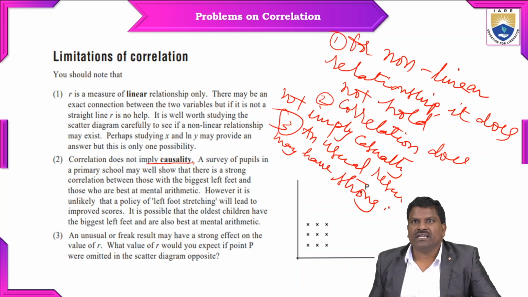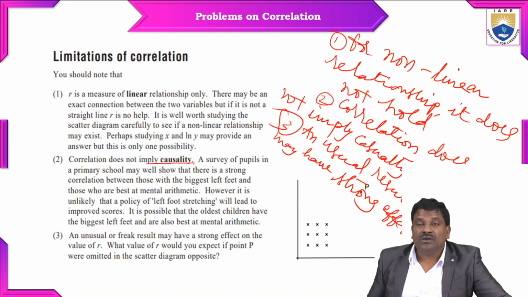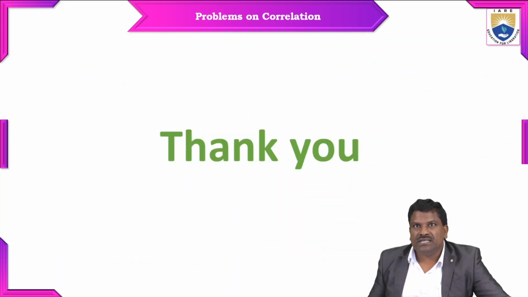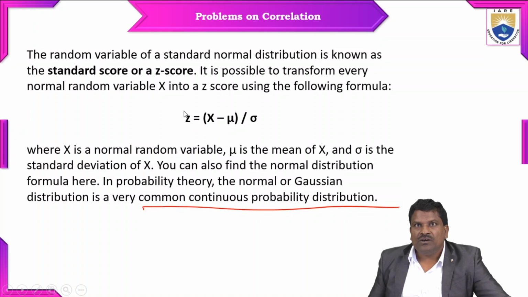We can analyze all this with the help of our known test of hypothesis or scatter diagrams. These are the scatter diagrams, and these are the Z values. Using this Z value or Z score, we can convert the data into this.